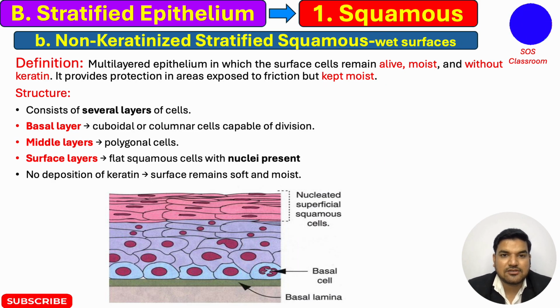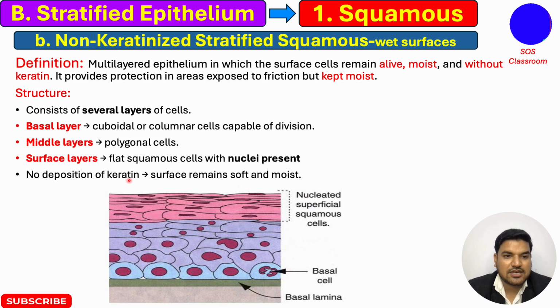And non-keratinized is present on wet surfaces. Non-keratinized means there is no keratin protein in this tissue, and the cells remain alive and moist. It provides protection in areas exposed to friction but kept moist. It consists of layers of cells: the basal layer of cuboidal or columnar cells capable of division, the middle layer of polygonal cells, and the surface layer of flat squamous cells with nuclei present.